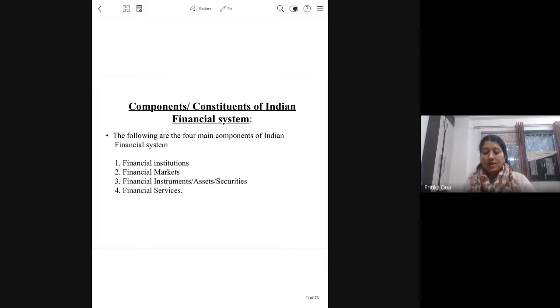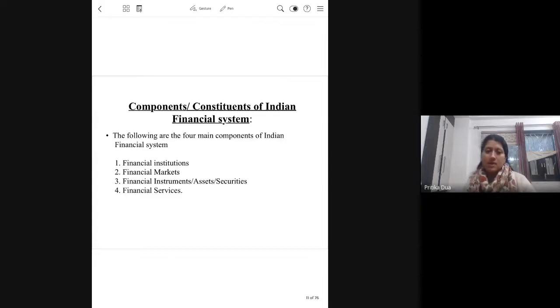Whatever your financial assets are, that would come under this categorization. And then you have financial services. So your syllabus in this paper is basically covering all these components unit wise. We'll do them in detail.